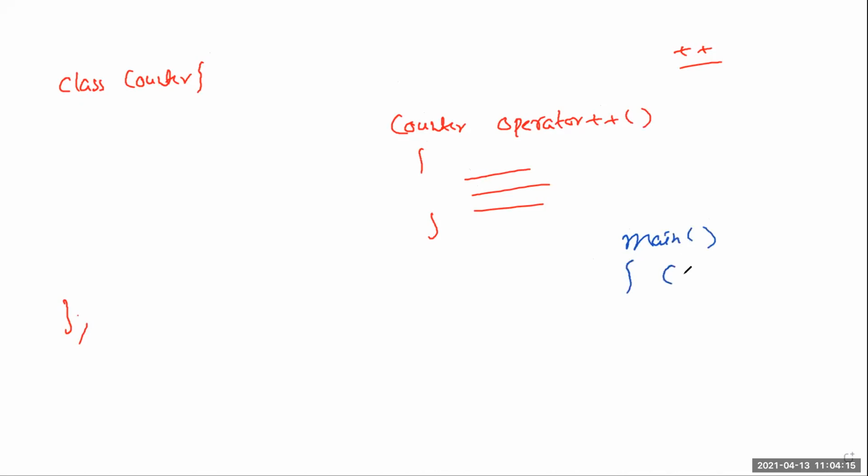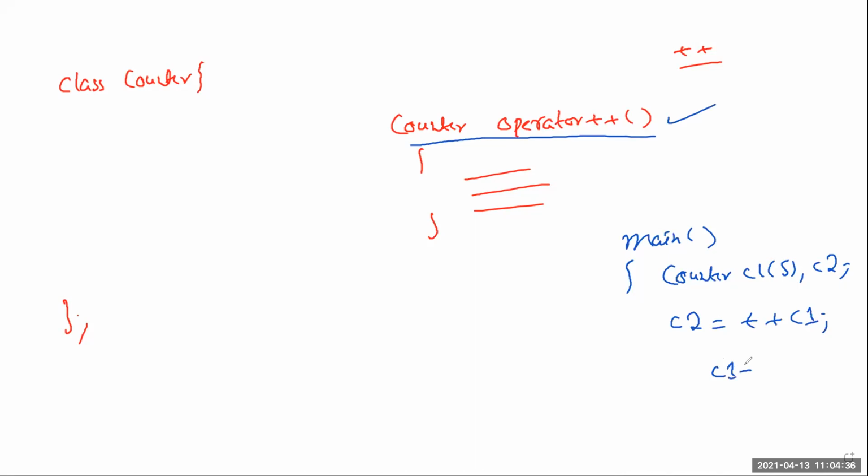This is your main. You have objects of class Counter, c1 and c2. Someone writes ++c1. We just saw that this function is called, and whatever you have written in the body of the function is executed. Now the problem is that if you write c1++, then in this function we need something else to happen.